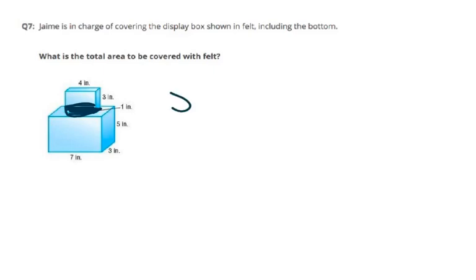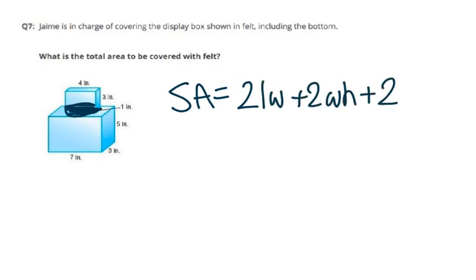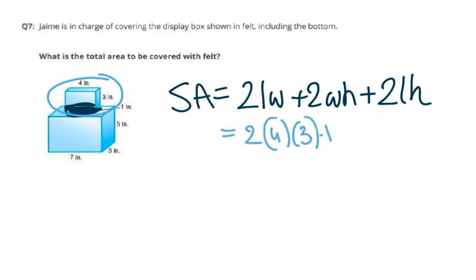Remember that surface area is equal to 2 times length times width plus 2 times width times height plus 2 times length times height. So if we start with the smaller rectangular prism, that would equal 2 times 4 times 3 plus 2 times 3 times 1 plus 2 times 4 times 1.